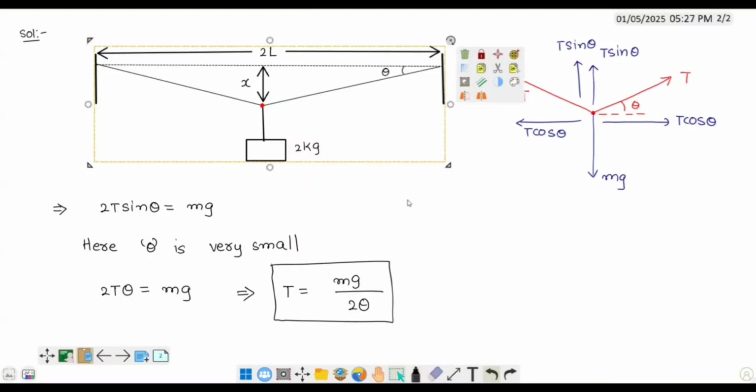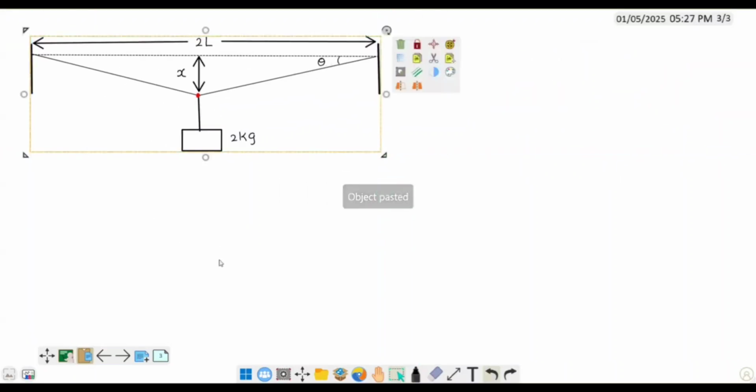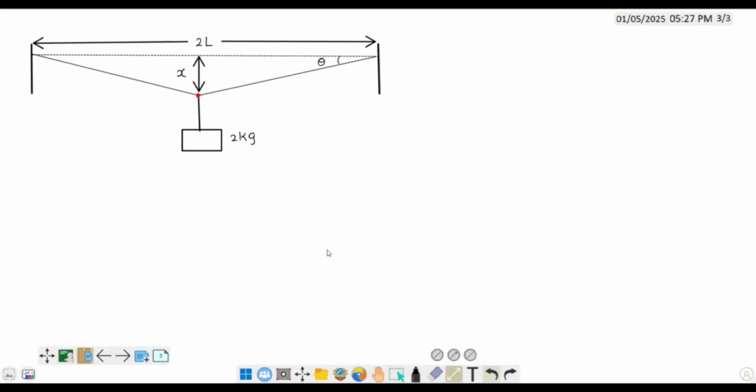And the next one is that we have to find how much our rope actually elongated. To do that, we can take a triangle based on x and L. So this is L and this is my x part and this is the new length, and let me call this theta. Let me call the new length L1.